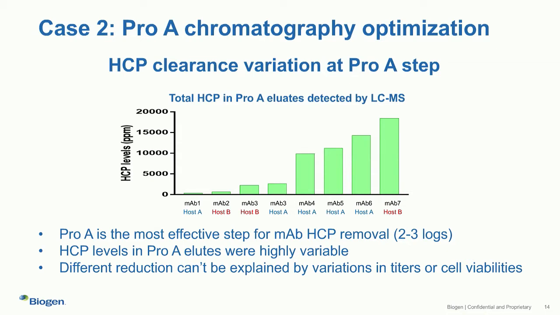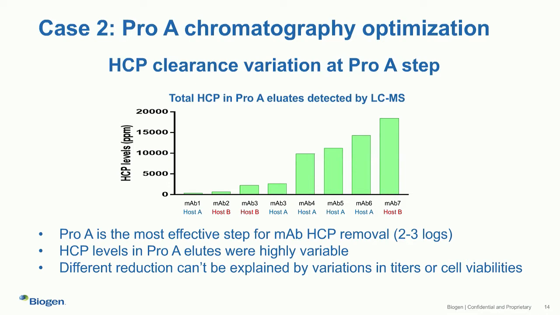Here we compare the host cell protein levels in the Pro A eluate of 8 internal mAb programs. What we found is that the host cell protein levels in the Pro A eluate were highly variable.